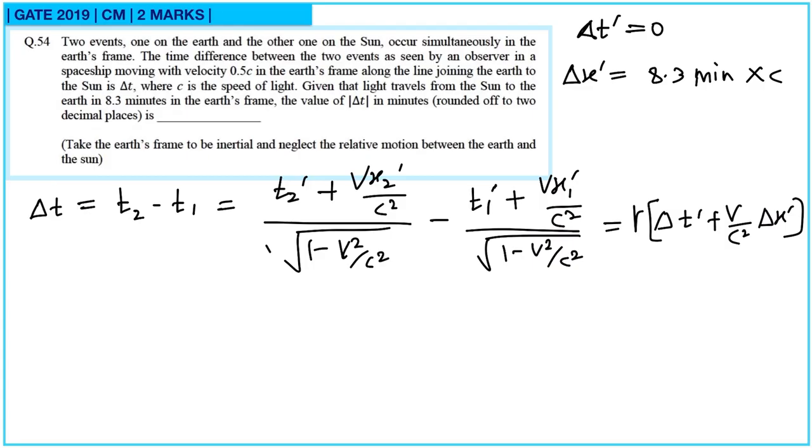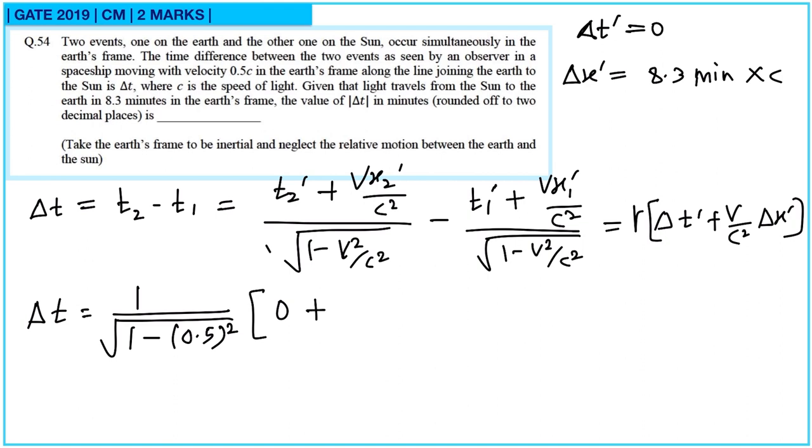So let's substitute these values. You'll get delta t is equal to gamma, which is 1 upon the square root of 1 minus v square by c square, but that is 0.5 square. Then delta t dash is 0 plus v, which is 0.5c, by c square, and delta x dash is 8.3 into c.